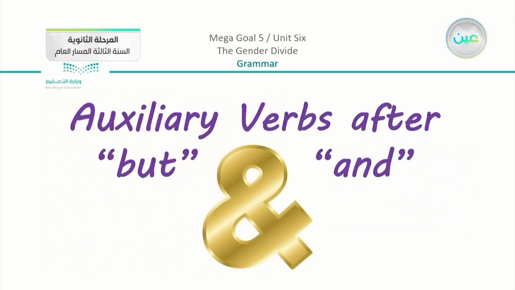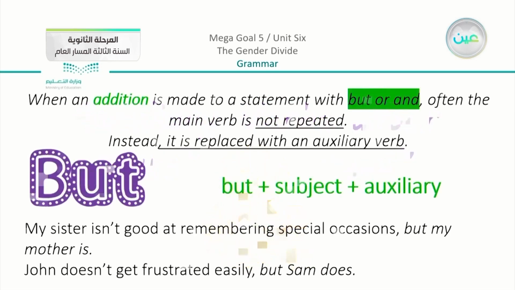Now, what do we have here about these auxiliary verbs? We have using these auxiliary verbs after but or and in sentences. So we're going to see some examples. When an addition is made to a statement with but or and, often the main verb is not repeated, so I can use them in the sentence to stop repetition.